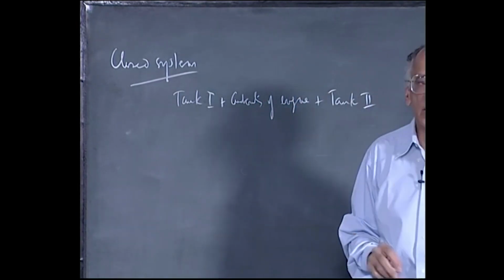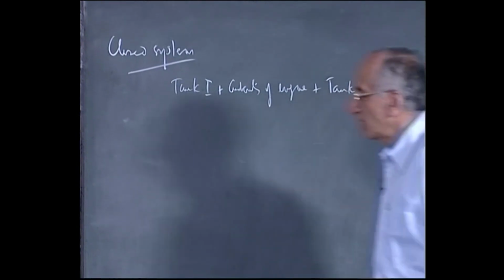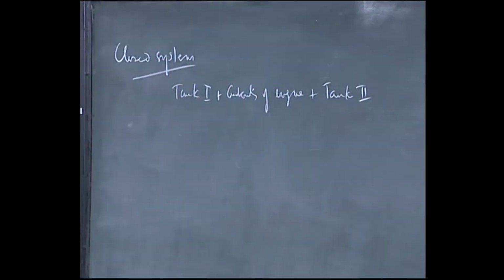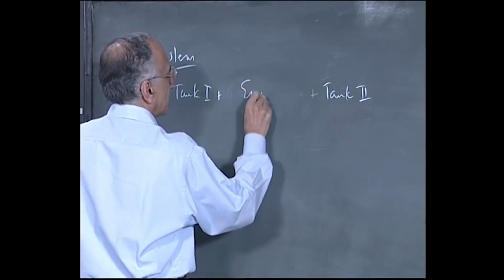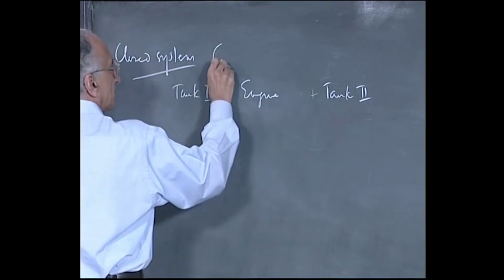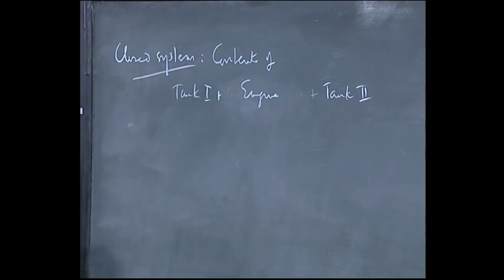I take all of them together, the contents of tank 1 plus engine plus tank 2, and the outside is outside. This is a closed system, no mass change in the system.